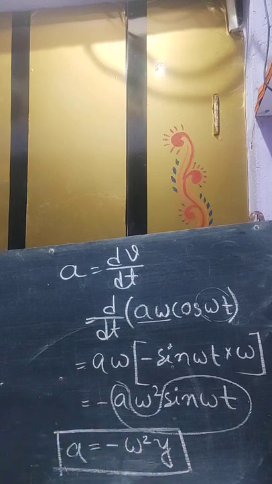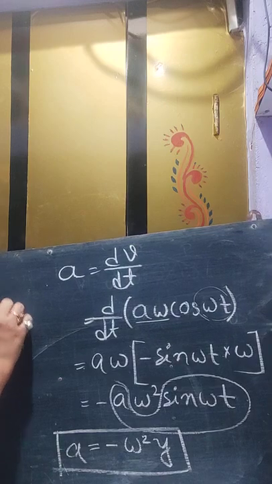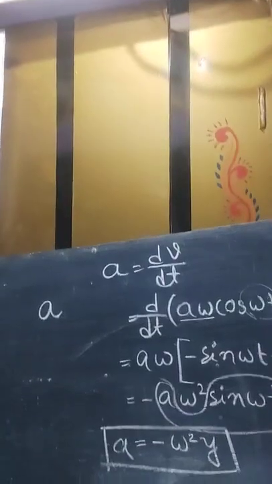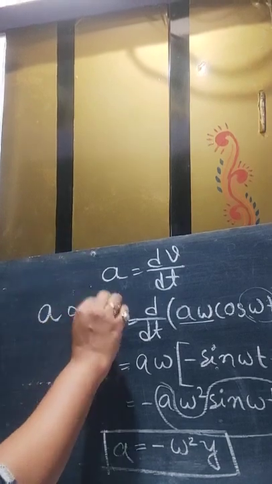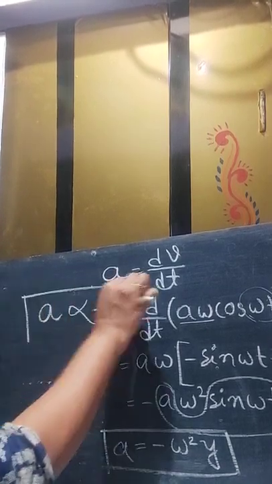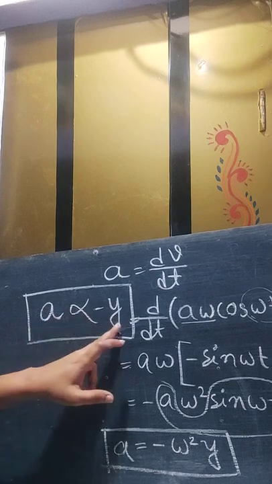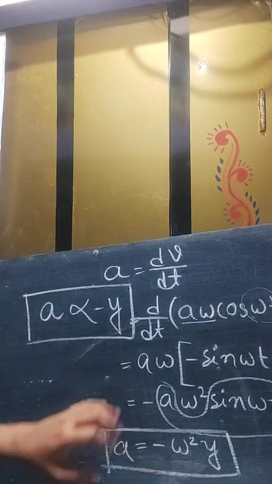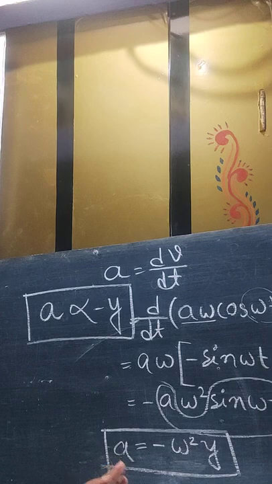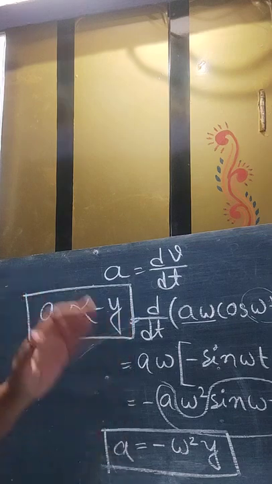If omega square is constant, we can say that the acceleration of the SHM is directly proportional to minus y. From here we are getting minus, that's why the acceleration of N, the projection of the SHM, is proportional to the displacement y and its direction is opposite to the direction of the displacement. Hopefully, it is clear to all.